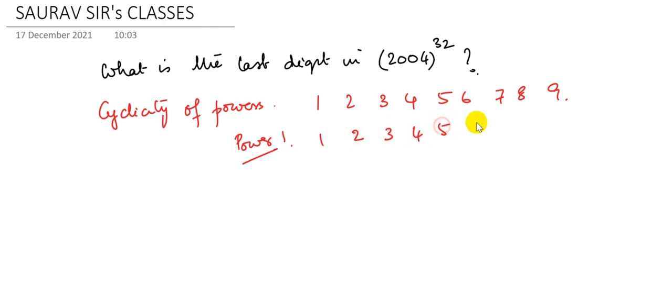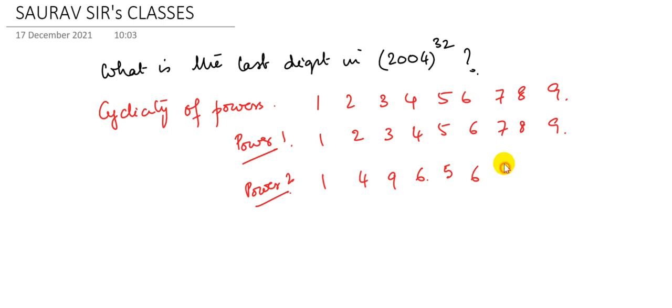Power 2, that means if I square them, it will be 1, 4, 9. Then 4 square will be 16, so the last digit will be 6. 5 square will be 25, so the last digit will be 5. 6 square will be 36, last digit will be 6. 7 square will be 49.